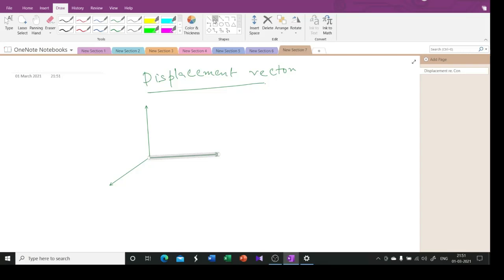Suppose this is your point A, with coordinates x1, y1, z1. This is your origin. This is your B, which is x2, y2, z2.